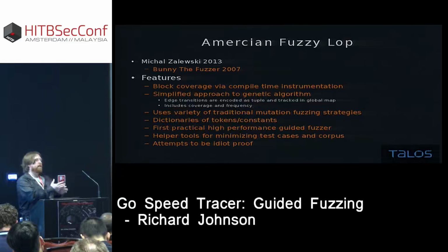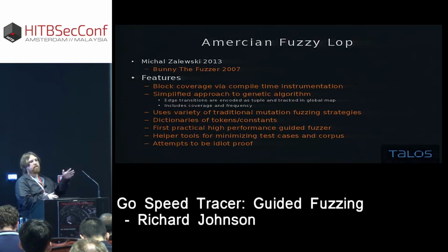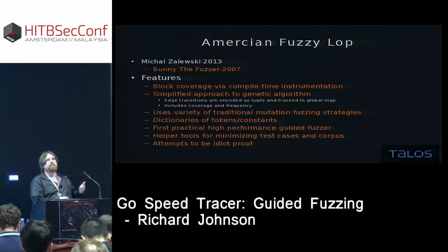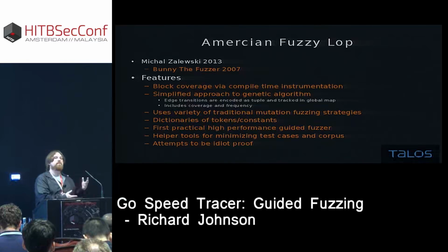It XORs them together and creates a bit of a hash that fits into like a 64K hash table. And essentially indexes into that hash are keeping the number of times that edge has been traversed. That number will increase if you go into loops, or anytime it's observed to execute that particular edge.